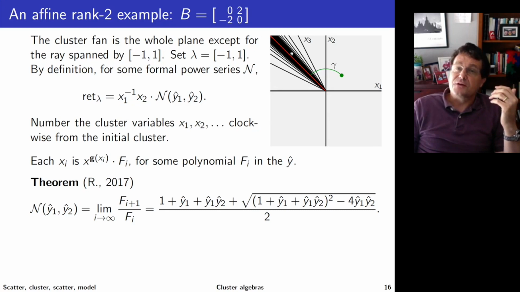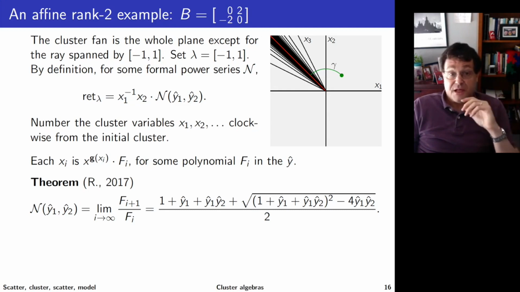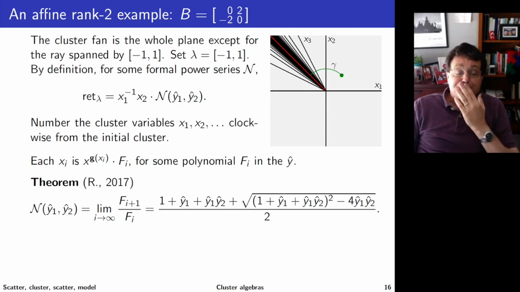But what are return functions giving if we start on this limiting ray? It's not a cluster variable. It's got to be something else. Well, it turns out that if you do the return function, you're always going to get a monomial in x1 inverse x2. You're going to get that monomial you applied the path-ordered product to, times some power series in the y1, y2 that comes from all these wall crossings.